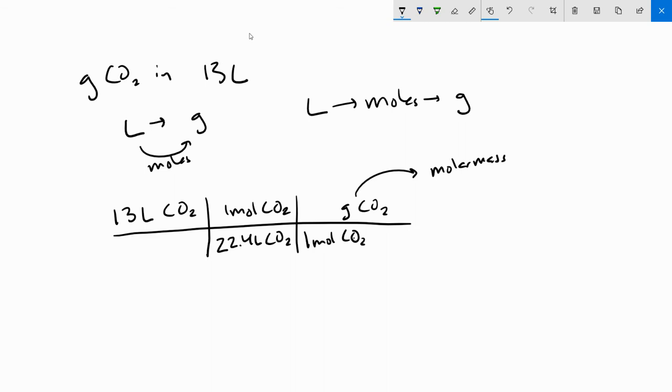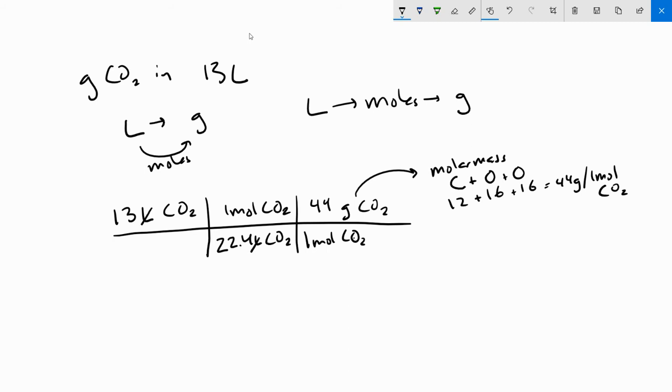Since this is carbon dioxide, that's a carbon plus an oxygen plus an oxygen. My value for carbon is 12, and oxygen is 16, and oxygen is 16. So that's going to end up being 44 grams per 1 mole of CO2. So now I can just put 44 grams here, and that's going to be my factor right there.